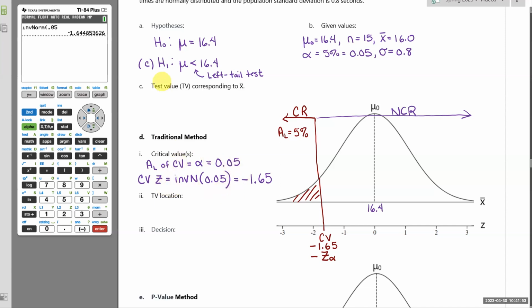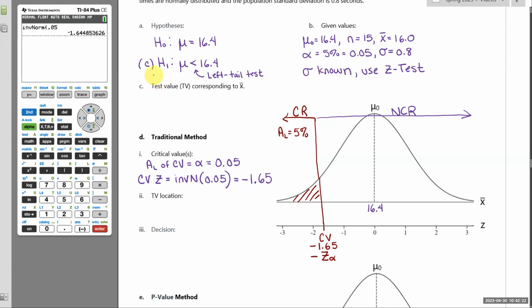But now in order to find the test value, we can get the help of technology. And because we're doing a hypothesis test of a mean and sigma is known, we can use our z-test. So because sigma is known, we use a z-test. We're going to be switching to a t-test shortly, but for now we know sigma.